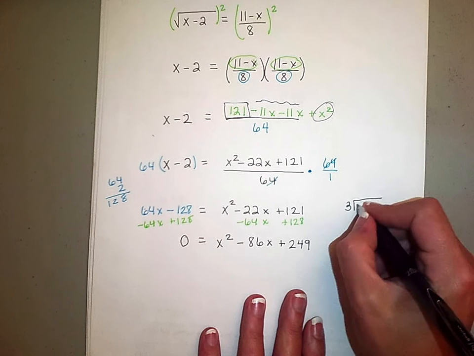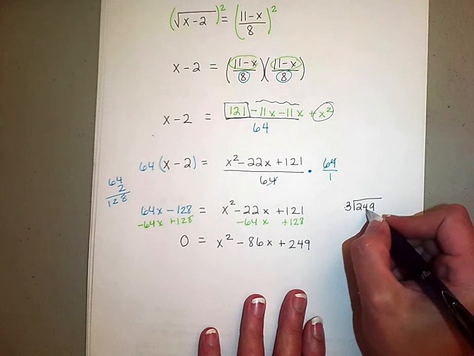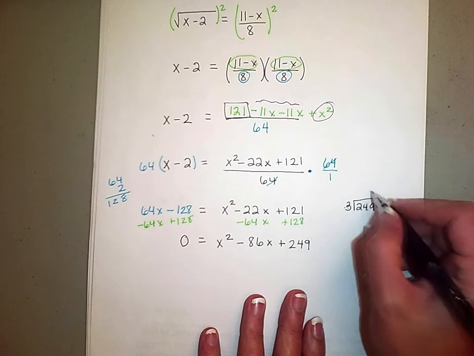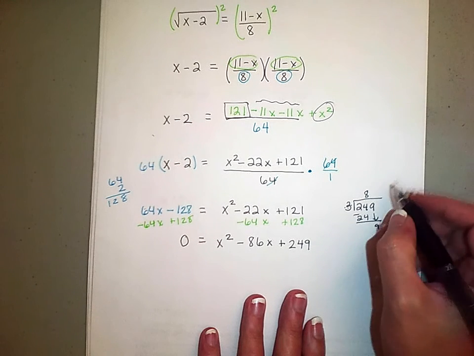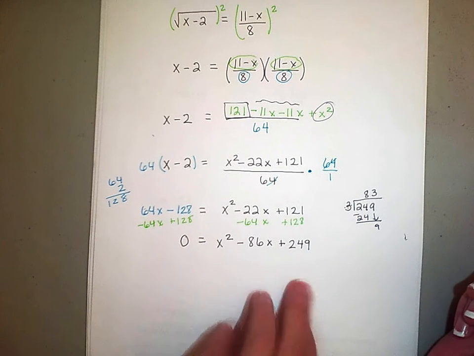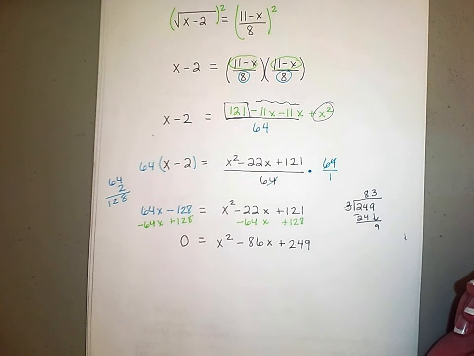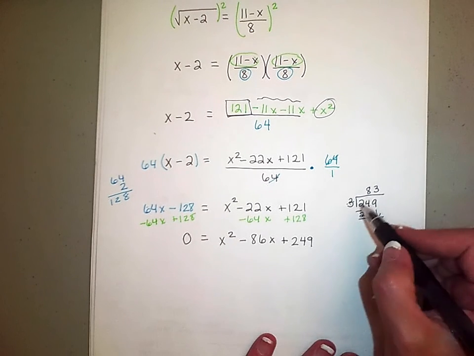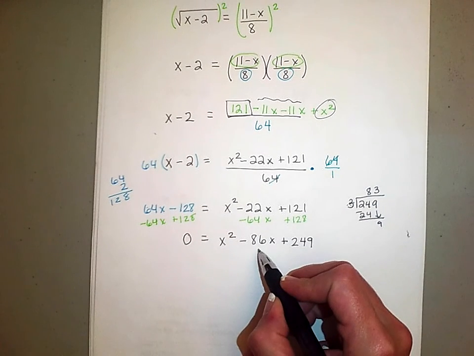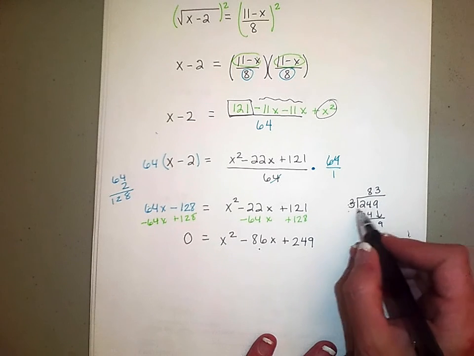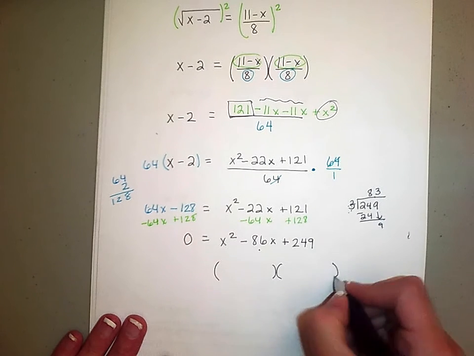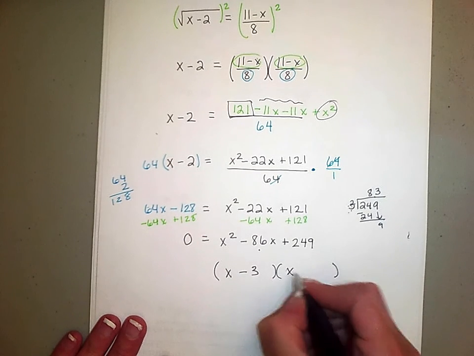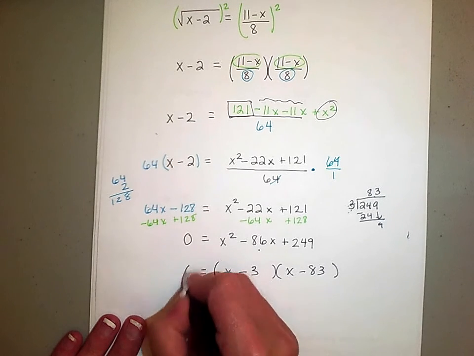So this is divisible by 3. 3 goes into 24 8 times, bring down the 9, 3 goes in 3 times. So 3 goes into 249 83 times. And luckily that's exactly what we need to get to 86. So this factors into x minus 3, x minus 83.